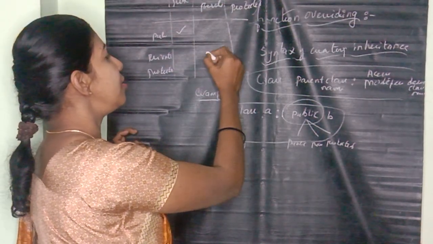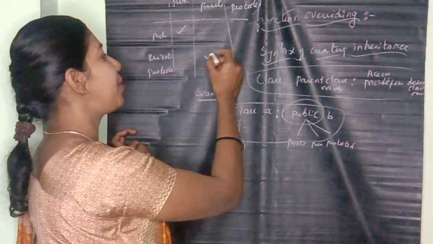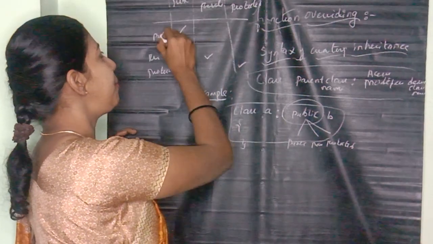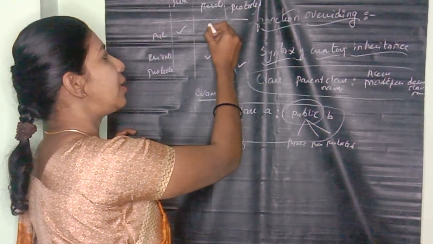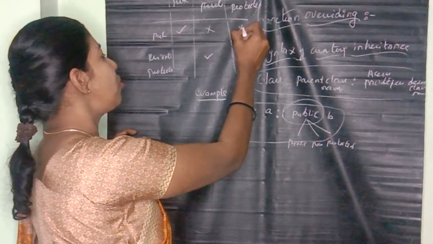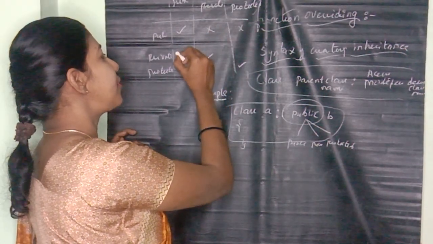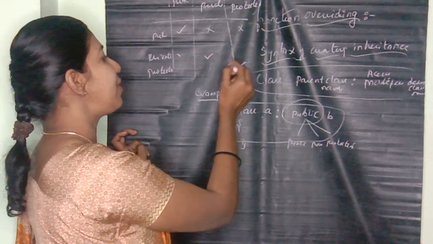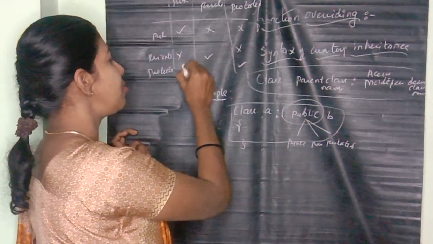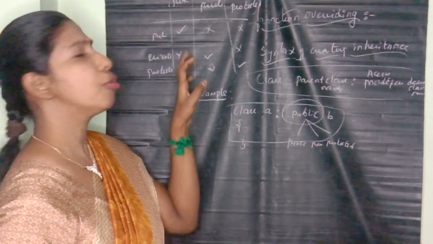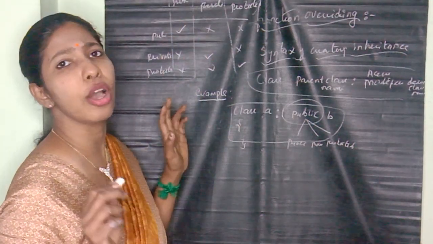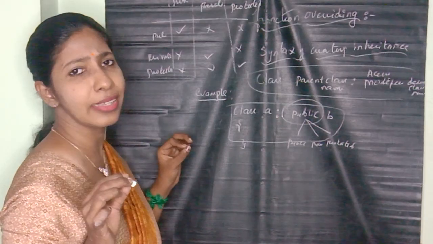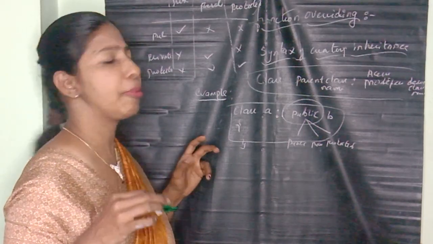Private is accessible within a class only. Public to private is not accessible. Public to protected is not accessible. Private to private is accessible within the class only. Protected to protected is not accessible. So public means accessible to all classes, private and protected mean access within the class.